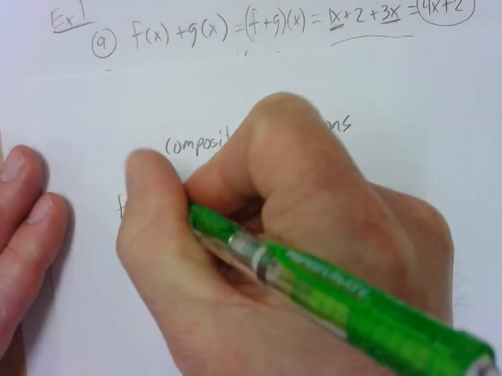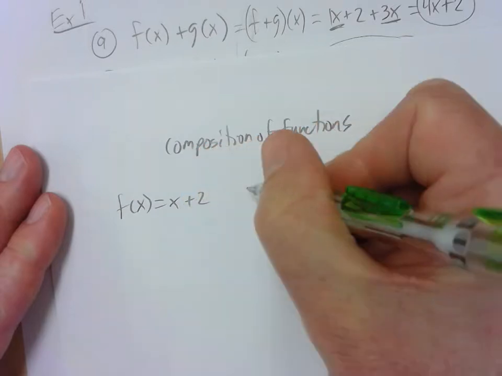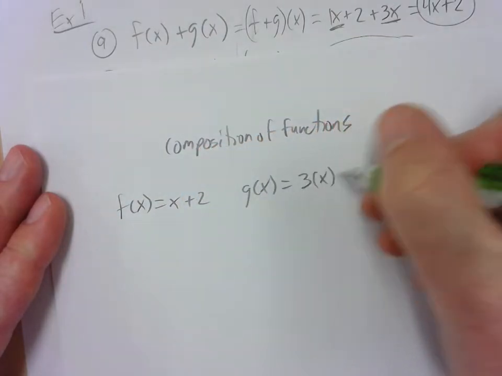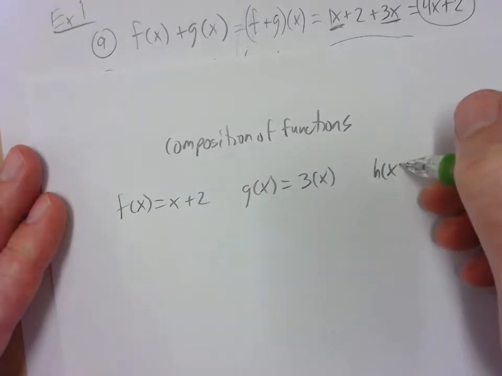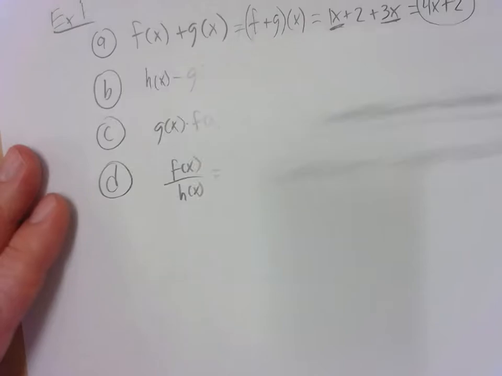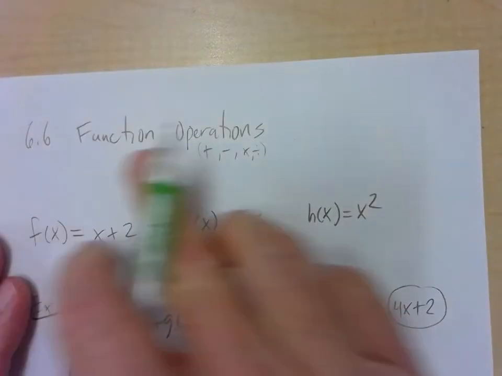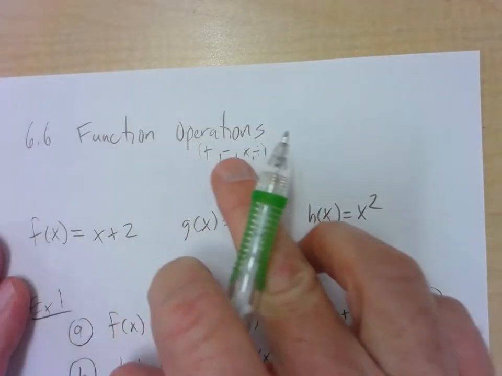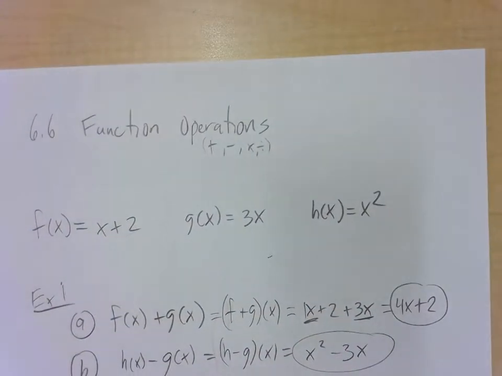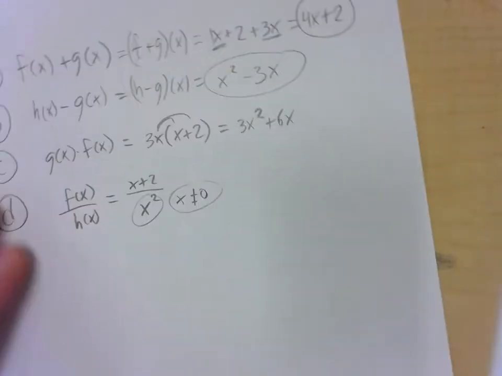So f of x is still x plus 2, just to keep it simple. G of x is equal to 3x, and h of x is equal to x squared. So I'm going to keep the definitions the same. I'm just going to keep going down with the theme here. These are function operations, which are add, subtract, multiply, divide, and composition of functions. So this will be example 1, a, b, c, d, e.